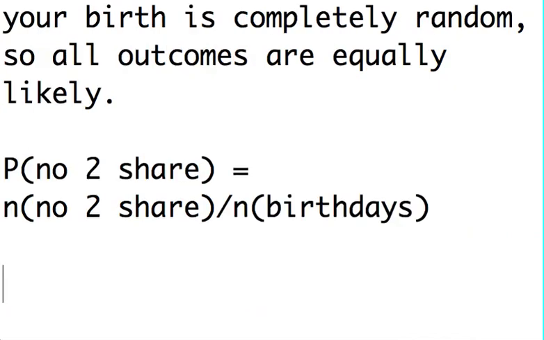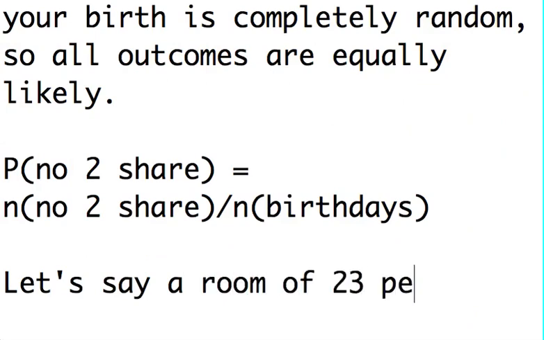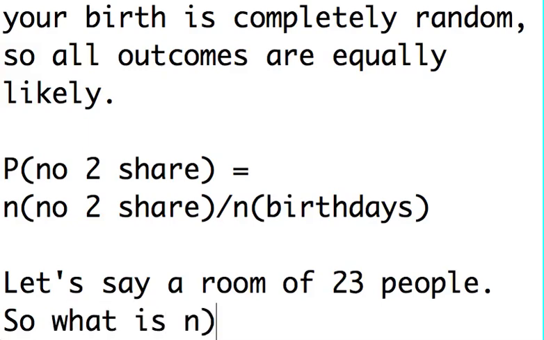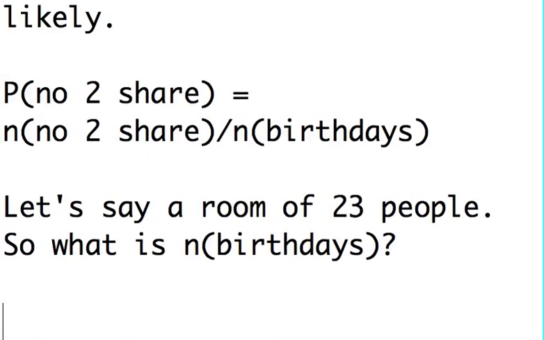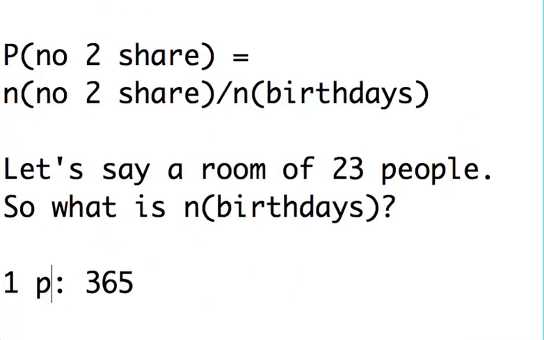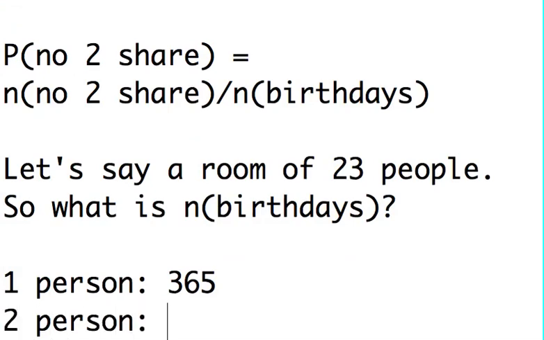Well, how many ways can a room of, let's say, 23 people, why not, have birthdays? What is the number of ways that I can just distribute the birthdays? Well, the first person has 365 birthdays that they could choose from. The second person could also have any of 365 birthdays.